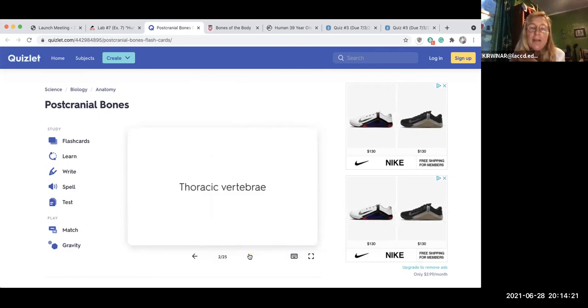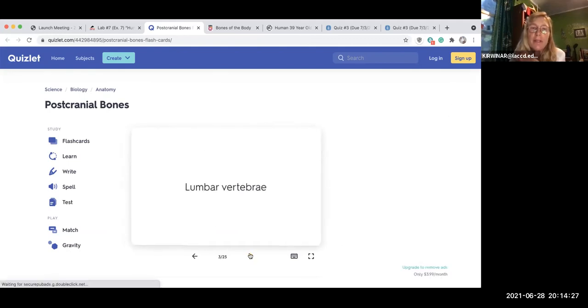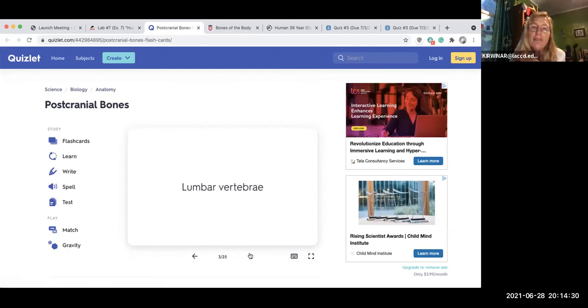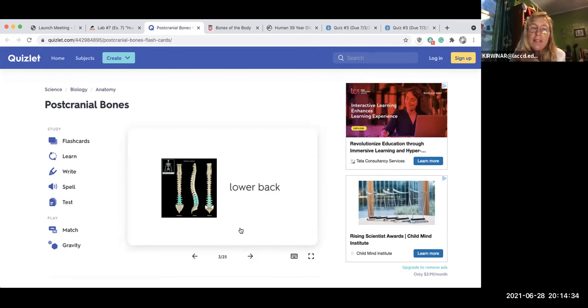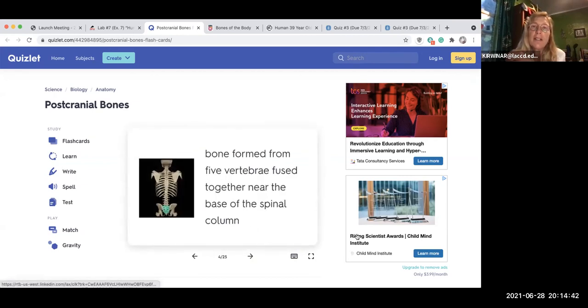Thoracic vertebrae are the 12 vertebrae that connect to your 12 pairs of ribs. The lumbar vertebrae are the 5 vertebrae that are at your waist. And you can just click on these cards to quiz yourself. The sacrum is at the terminus of the vertebral column. It's also part of the pelvis. There you go. And I think that's it.